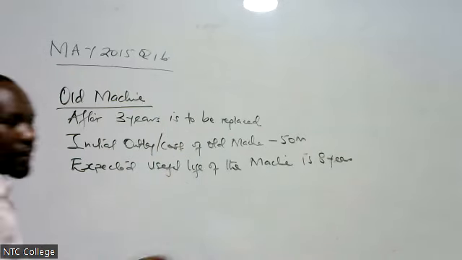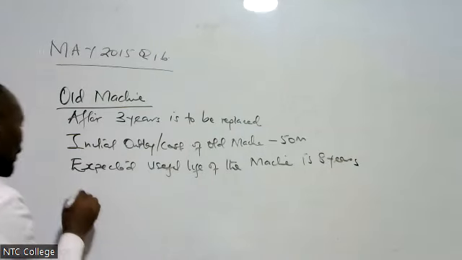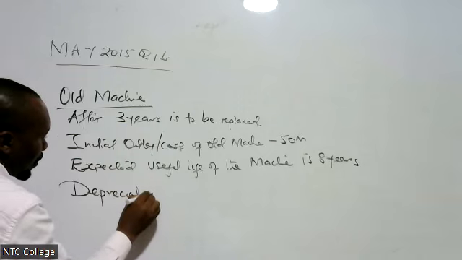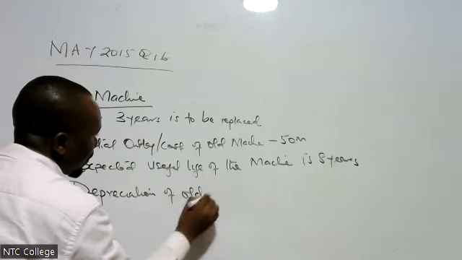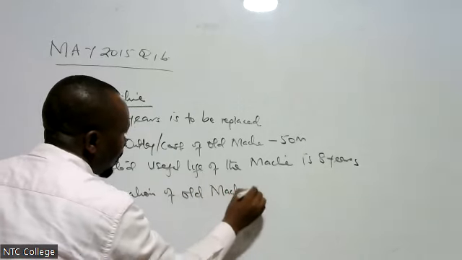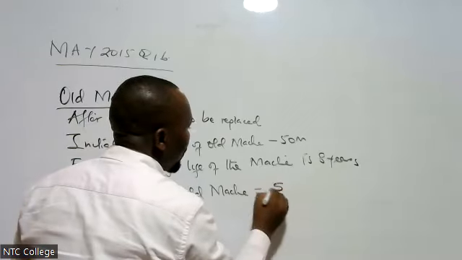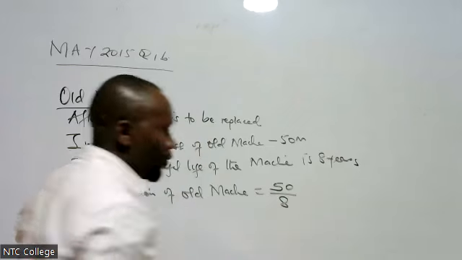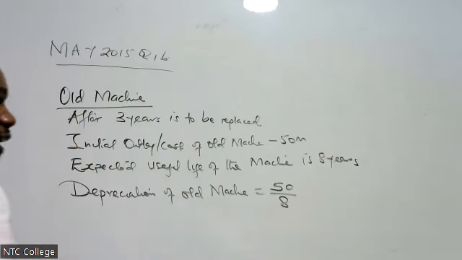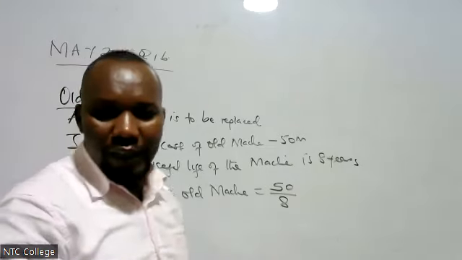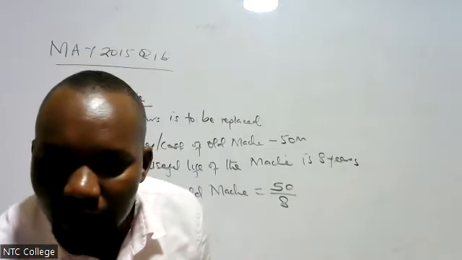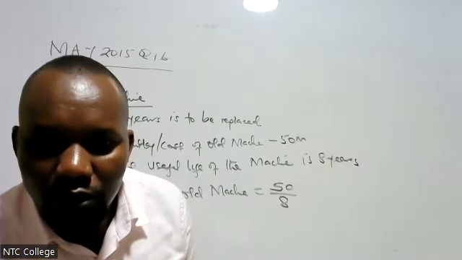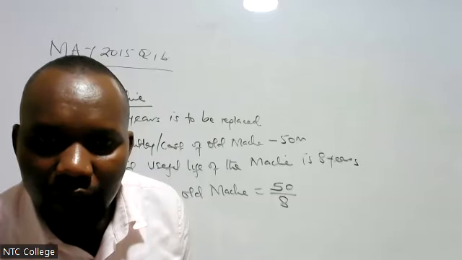So this means that we can calculate the depreciation of the old machine, which should be 50 over 8. The machine was bought at 50 million and it was supposed to live for 8 years. So we are expecting a depreciation there, which you can calculate.